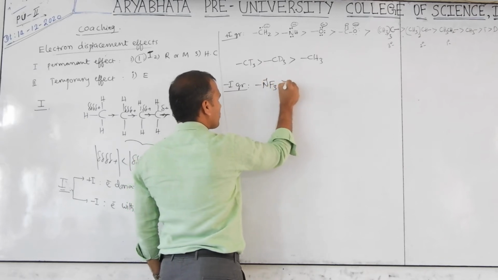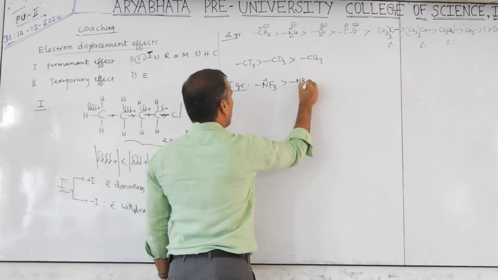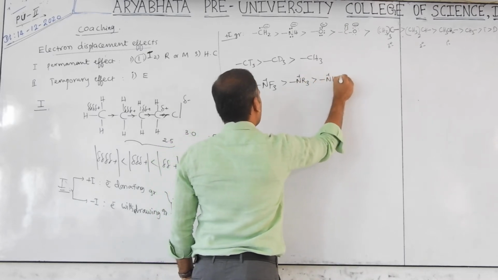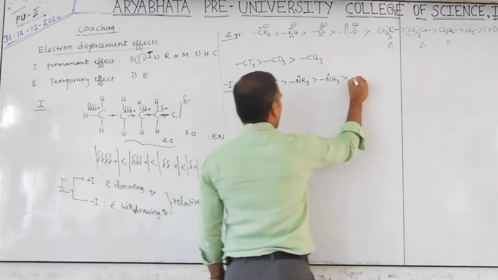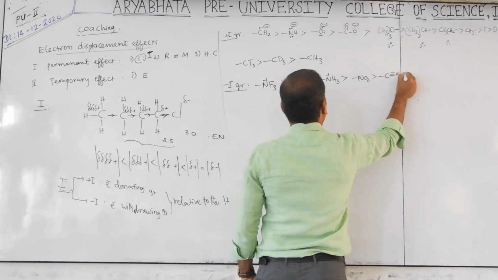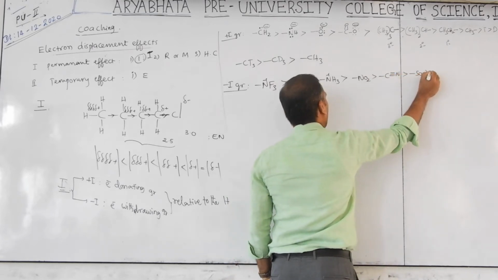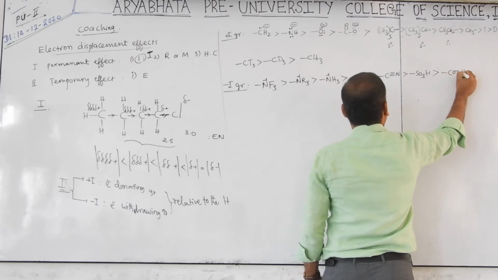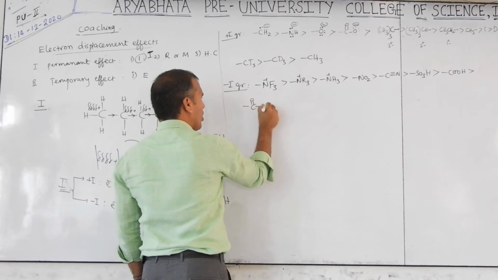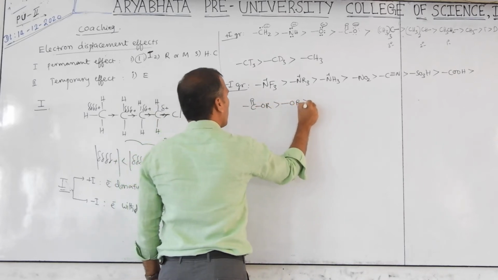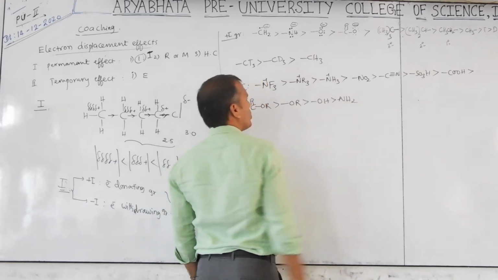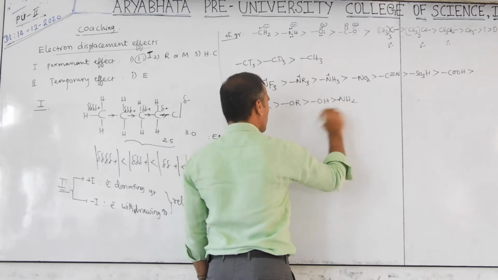NF3+, NR3+, NH3+, next NO2, next cyanide, next SO3H, next COOH, C double bond OR, next OR, OH, NH2, these are one.